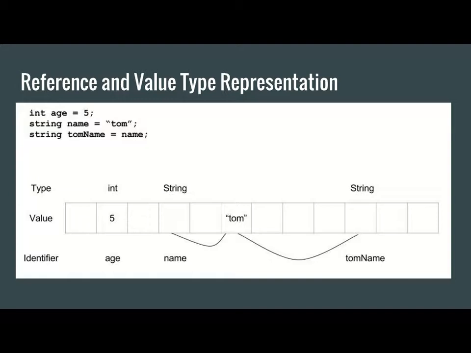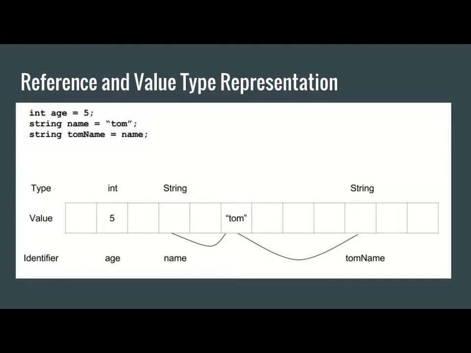And then the third line of code, I have string Tom name equals name. What it does is it allocates another memory space, with a string type and Tom name identifier, and then the code first looks up what name refers to.